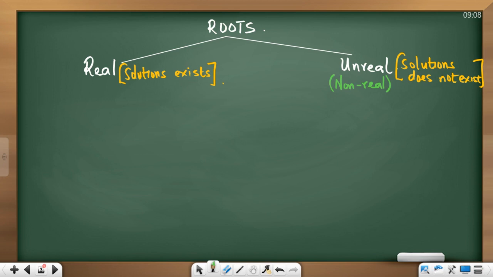Now, having said that, our main focus would be to work with what we call discriminants.